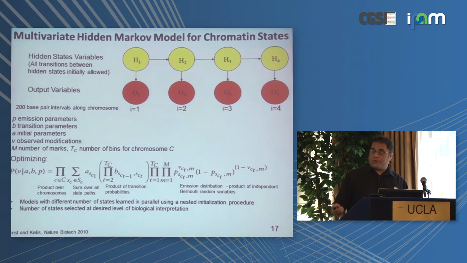Computationally, we're trying to find parameters that optimize a likelihood where we take a product over all the chromosomes, sum over all possible state paths through the model, and then have a product of transition probabilities and a product of emission distributions, which are again a product of these independent Bernoulli random variables. This is optimized with Baum-Welch, the forward-backward procedures that you heard about earlier. Those types of ideas involve dynamic programming.